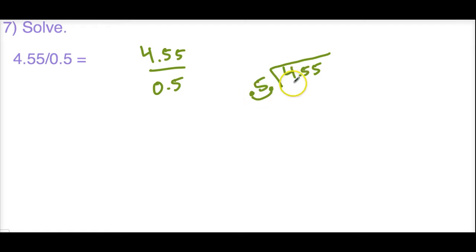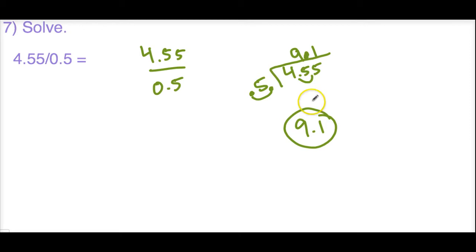And once we did the divisor, we do the dividend. So we move it over here and then move it up in our quotient. And when we do that, we find that our answer is 9 and 1/10. So 9 and 1/10 is our answer for number 7.